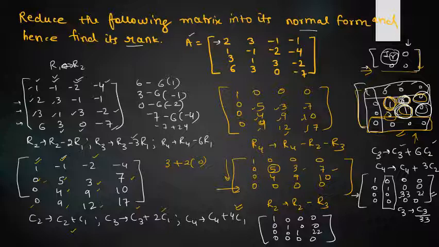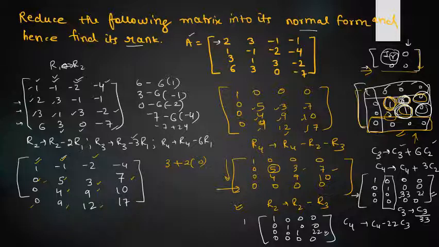Now what you need to do, you have to make this 22 as 0 also, right? So what you can do, you can do C4 tends to C4 minus 22 C3, isn't it? Because by doing so, what you can get is the desired result, which is 1 0 0.